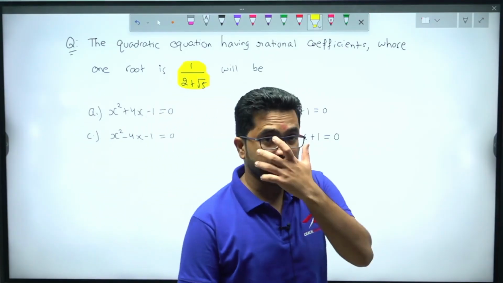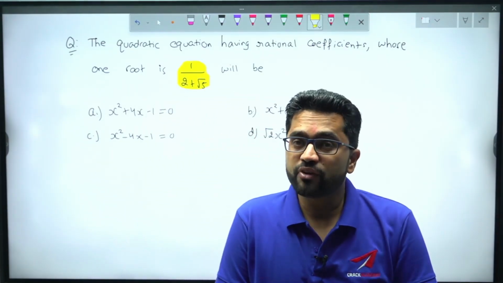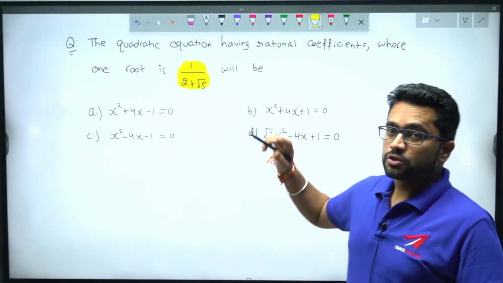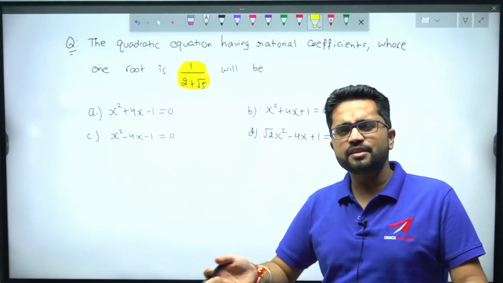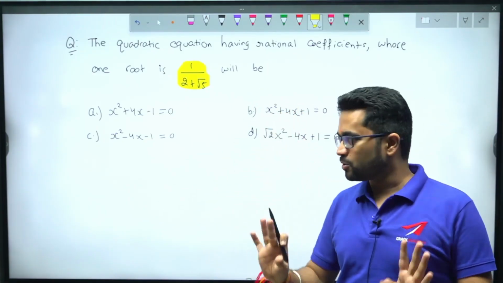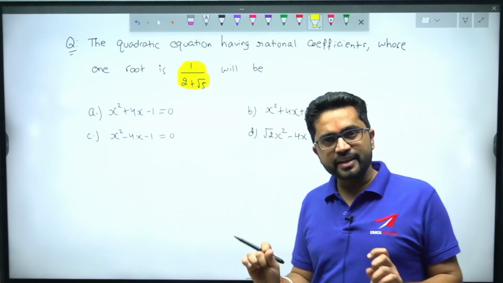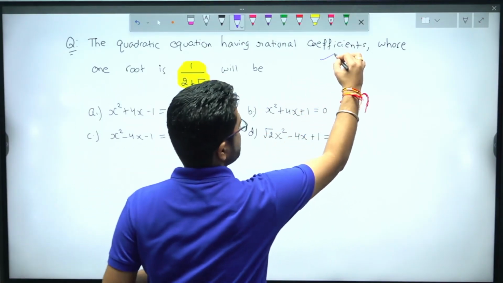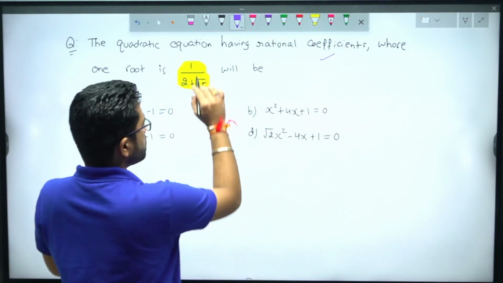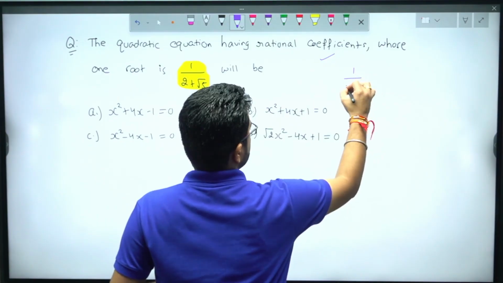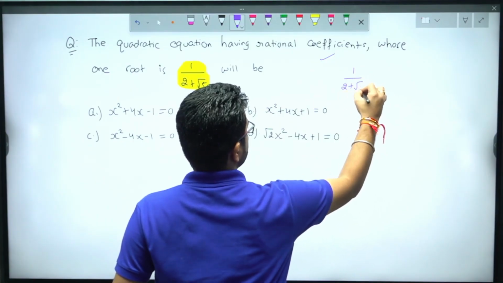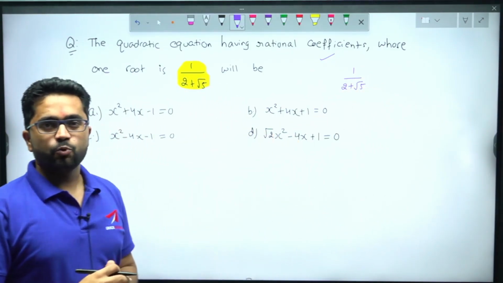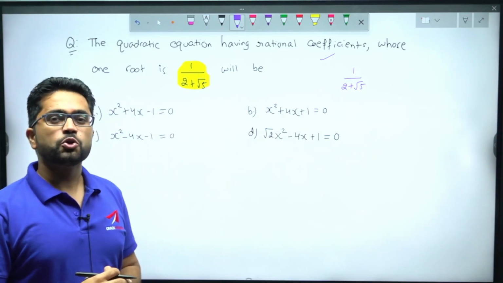They are not asking for the other root; they are saying give me that quadratic equation. Hold on, we'll find out that quadratic equation, which has rational coefficients. One root is 1 by 2 plus root 5.